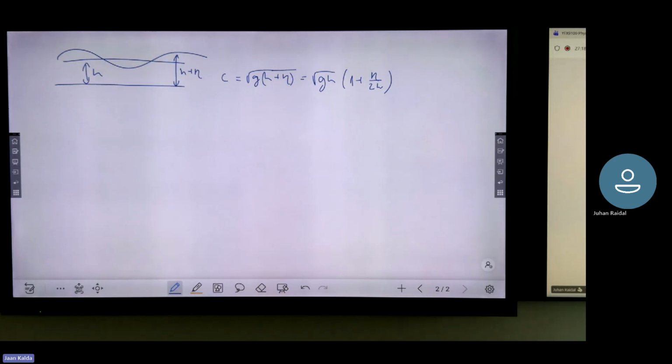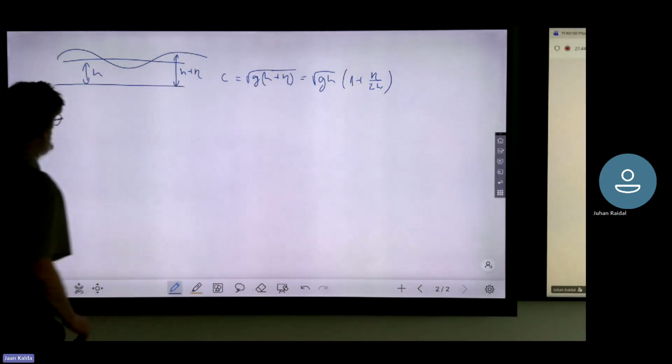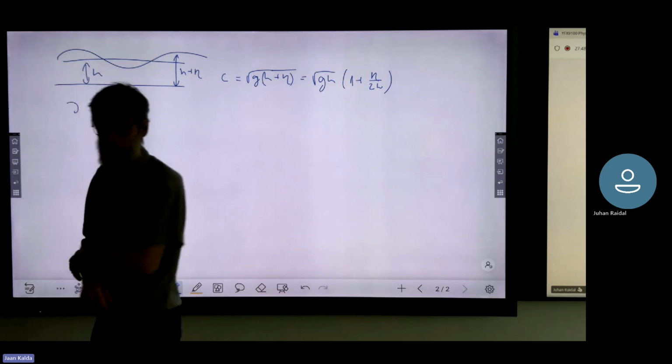So we see that the propagation speed of the wave becomes dependent on the amplitude. Now let us go back and forget about dispersion, and look just at the wave propagation speed. What we had without dispersion was, let us say, for v or h, it doesn't matter.